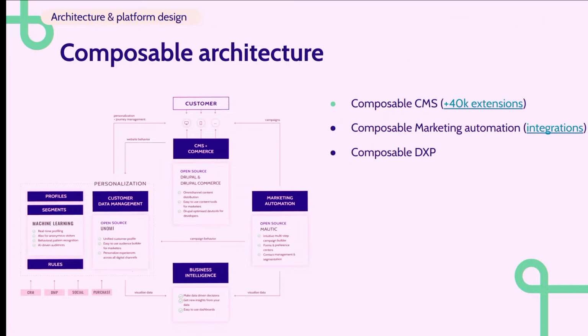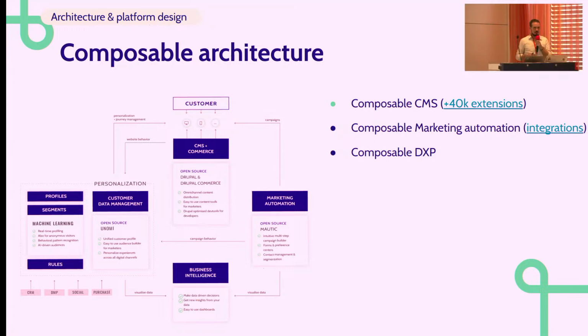And that's what I call composable. It's a bit of an overused term, and it's used on multiple levels. It's used on the level of the applications itself, so it means you could swap out another marketing automation system. But Drupal itself is also composable. The 40, or it's already 50K extension module ecosystem, you could also call that a composable.